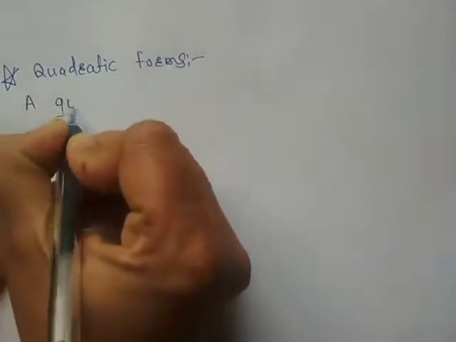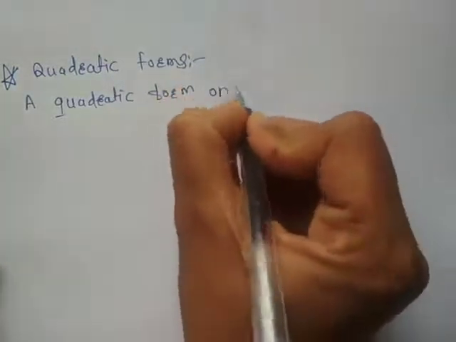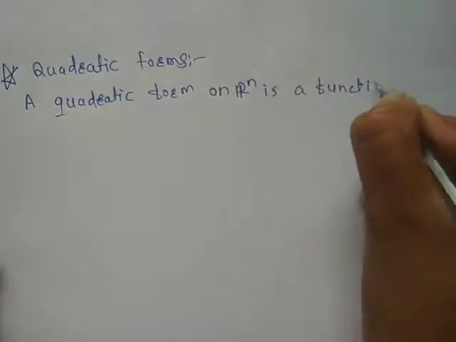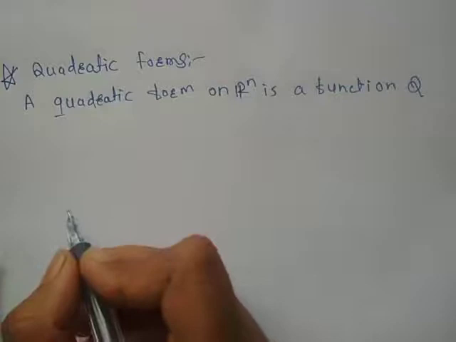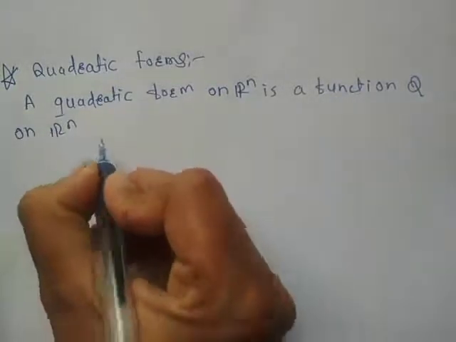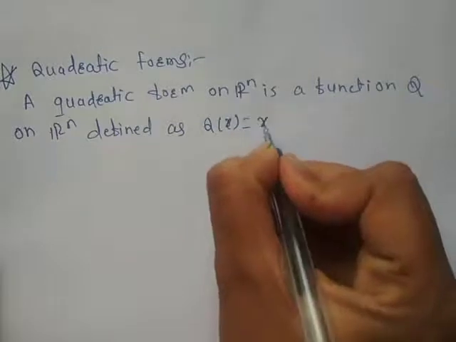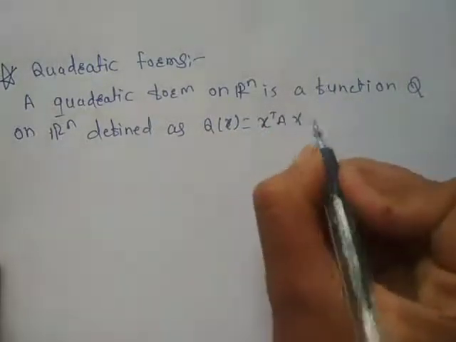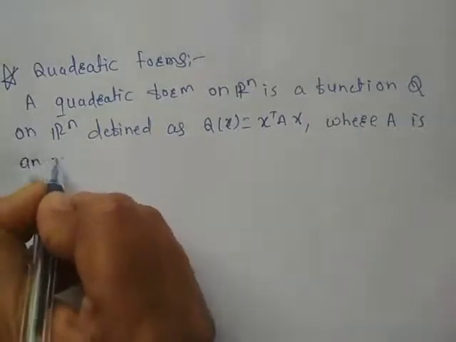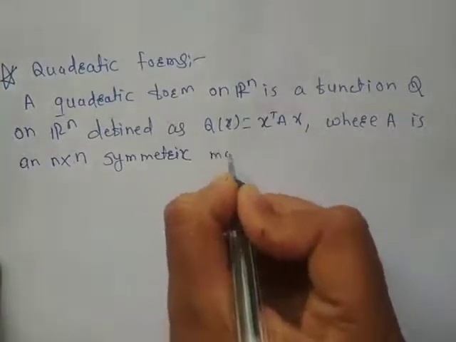A quadratic form on Rn is a function Q on Rn defined as Q of x is equal to x transpose A x, where A is an n by n symmetric matrix.